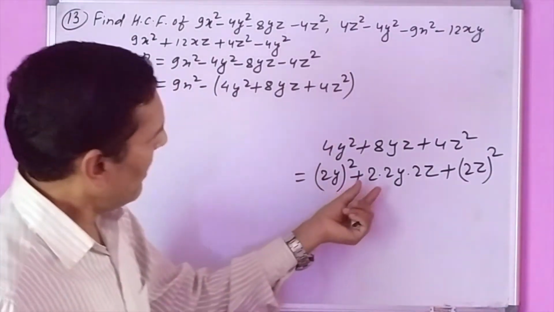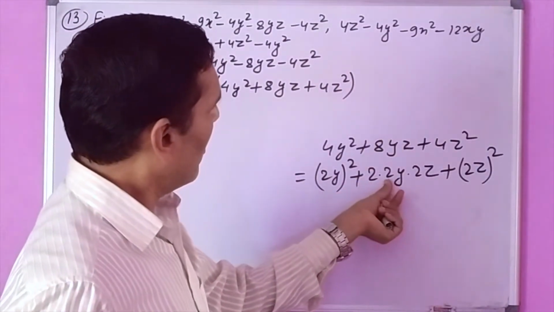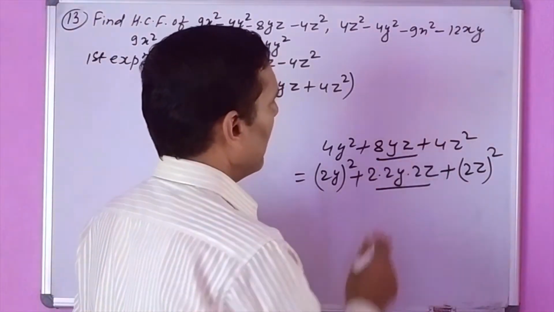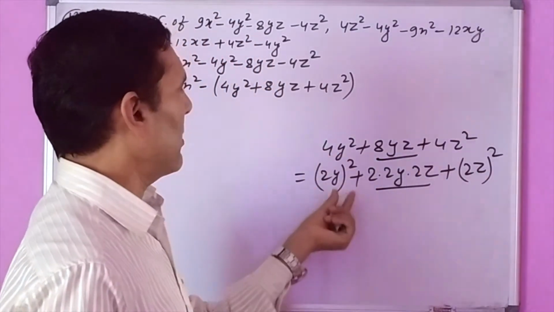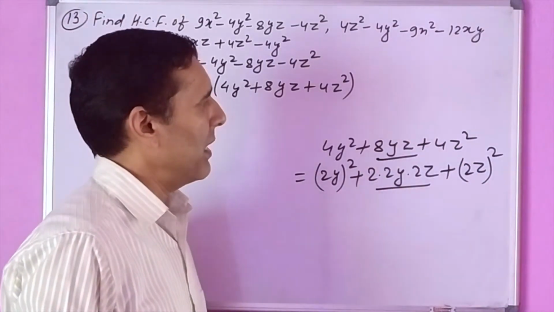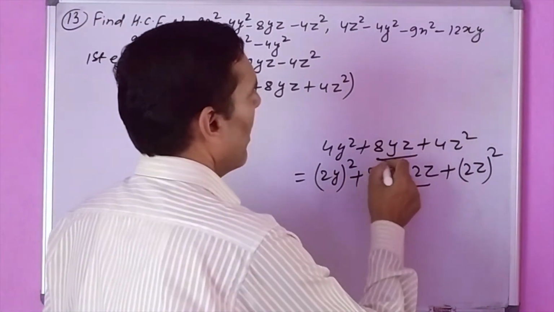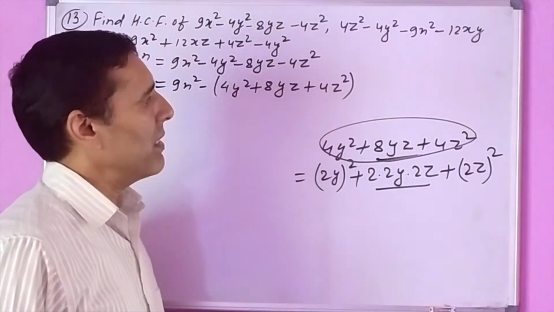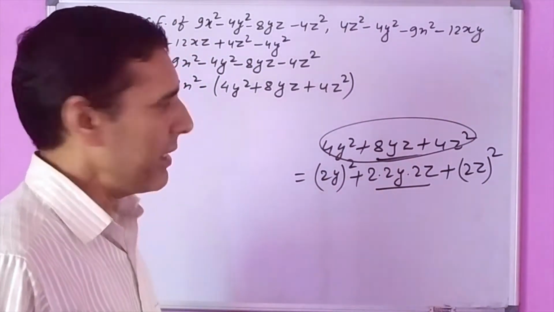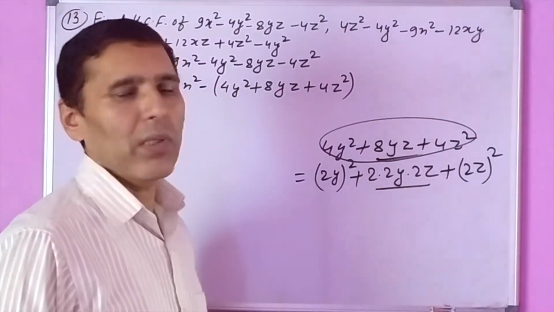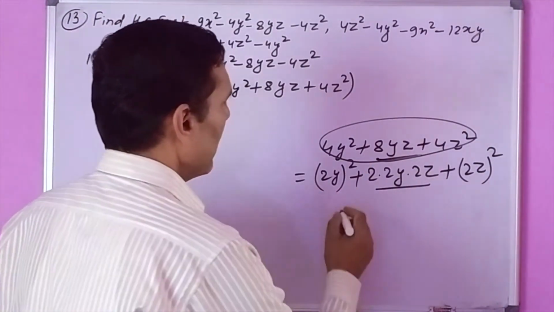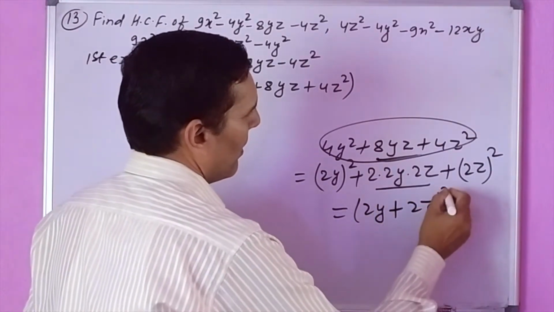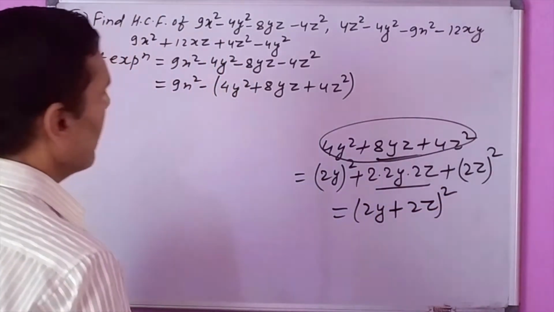Twice 2y times 2z gives 8yz, 2y whole square is 4y square, and 2z whole square is 4z square. That means this expression is completing the square. It is in the form of a square plus 2ab plus b square, which is a plus b whole square, that is, 2y plus 2z whole square. You can write it like this.